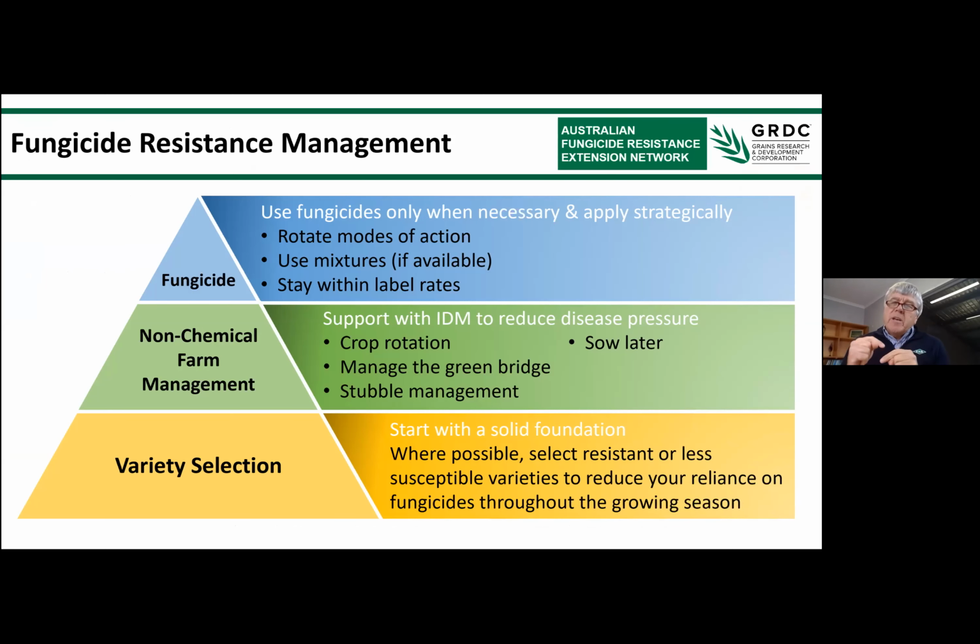But using those mixtures, particularly when disease pressure is high, keeping the label rates in that label rate range, and making sure that when we've got high disease pressure, we're using the full label rates to control the disease.